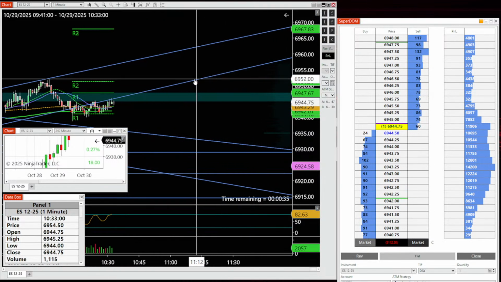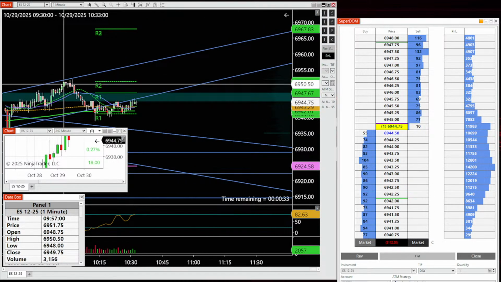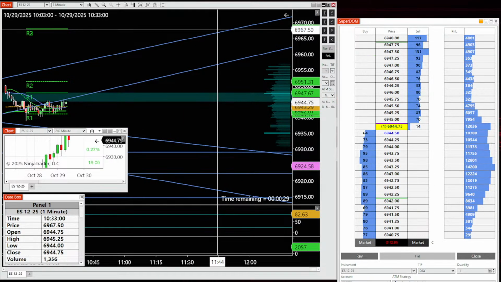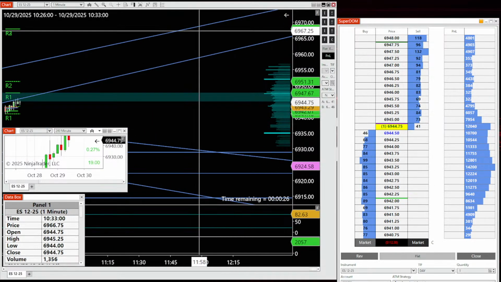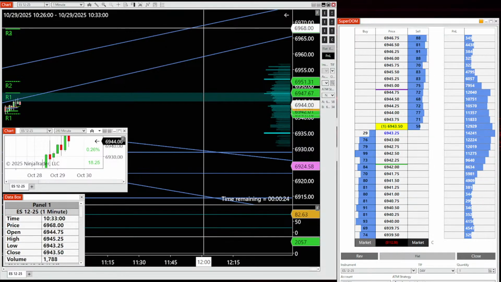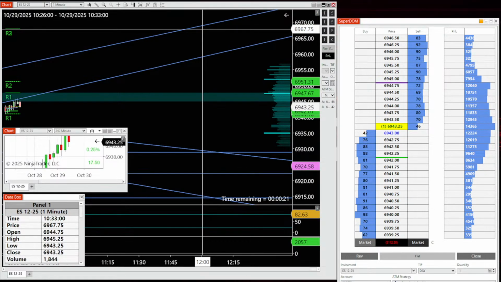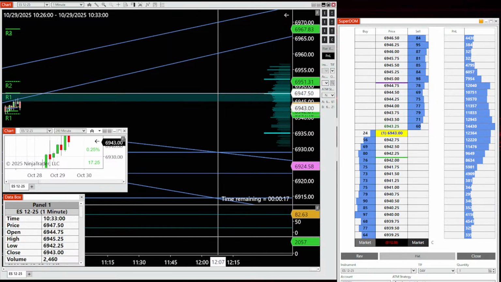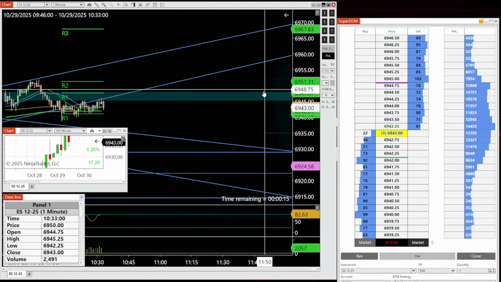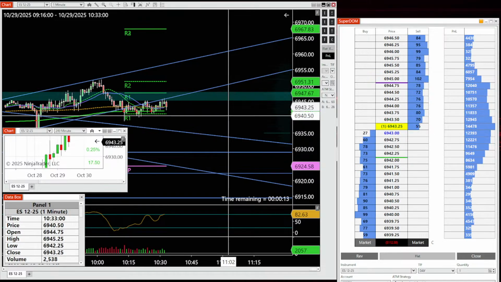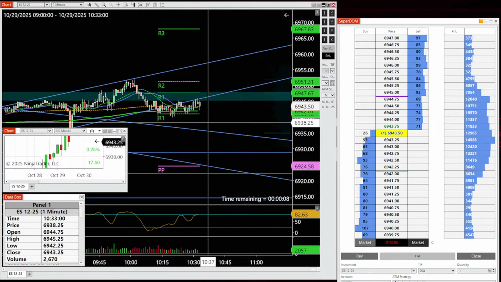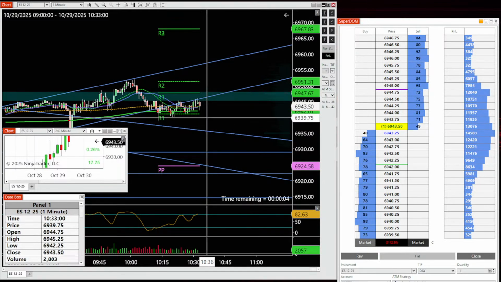If we're following this trend line, this channel, we're gonna need some space to get to R3, which is about after 12 sometime, maybe 2:30. Gonna need some space, and maybe some more liquidity sweeps.